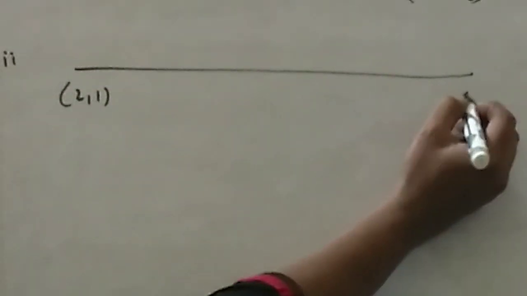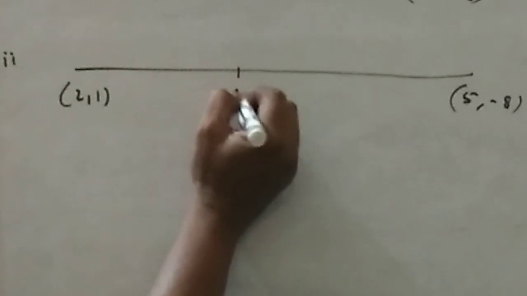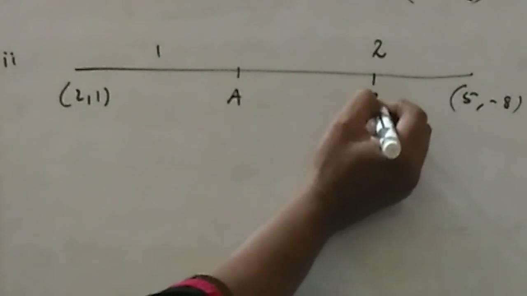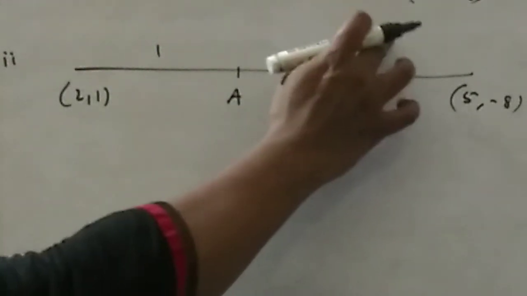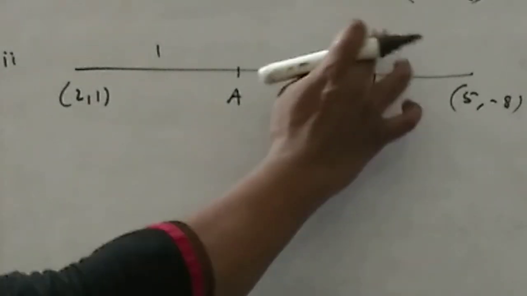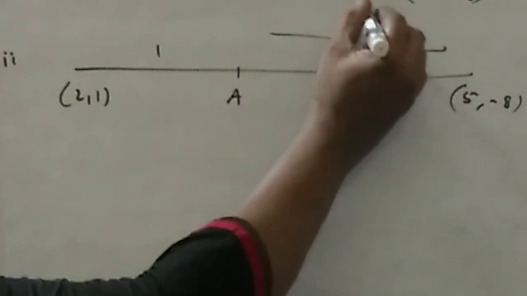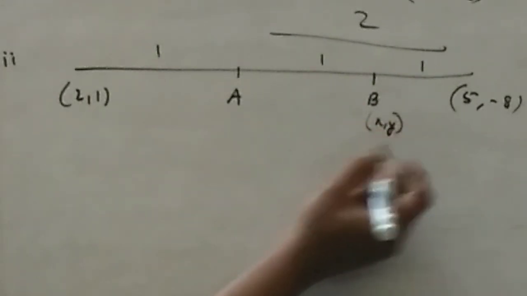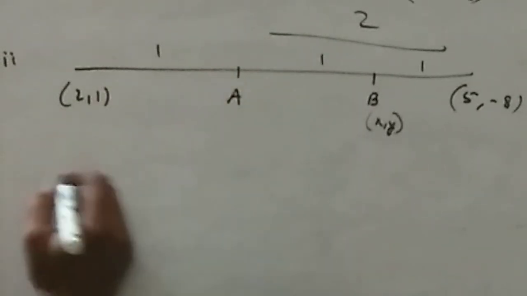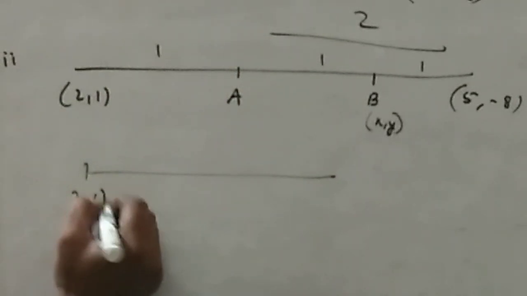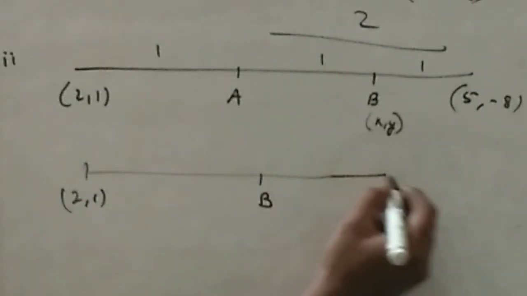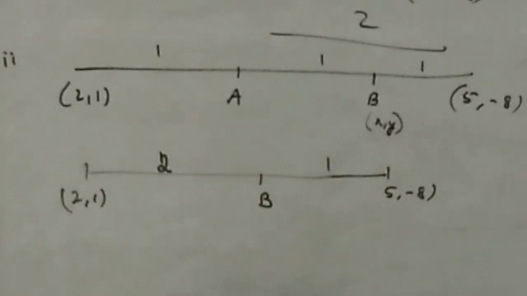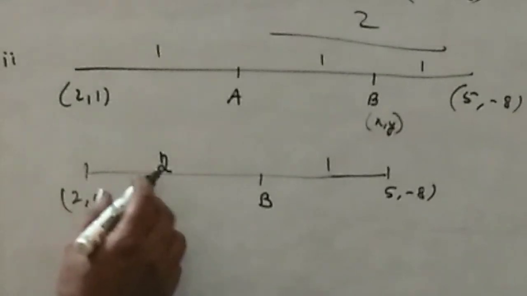(2, 1), (5, -8), and this is A, 1, and this one 2. So B will be here. Okay, because trisection means equally divided. So now you have to find B, x and y. The ratio is 2:1.